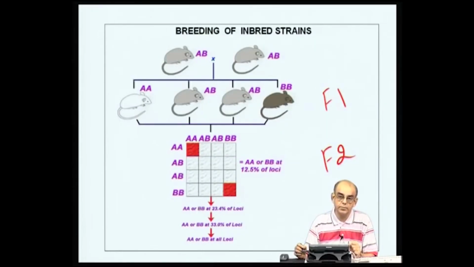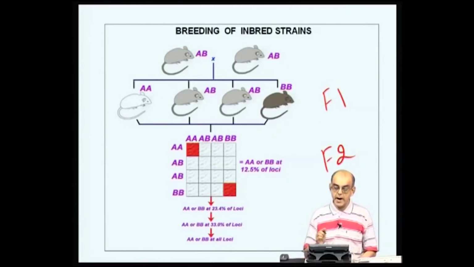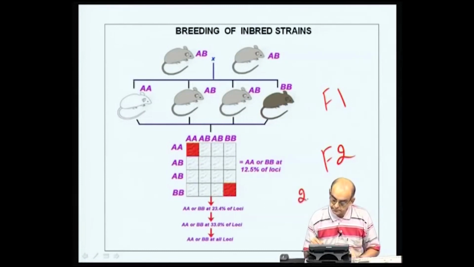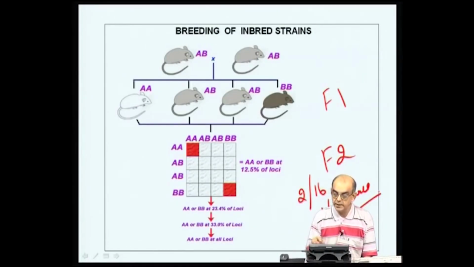So, how is this brought about? How is this now to be designated? You had 2 of these squares out of a total of 4 into 4. So, you had 2 out of 16 becoming homozygous, and therefore, this is actually a 1/8th chance that you have of making this particular mating or the progeny that is derived from them becoming homozygous.